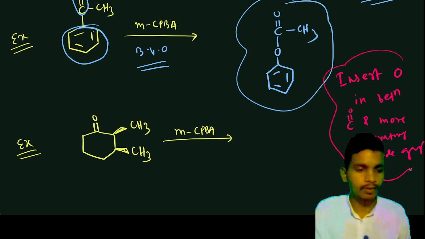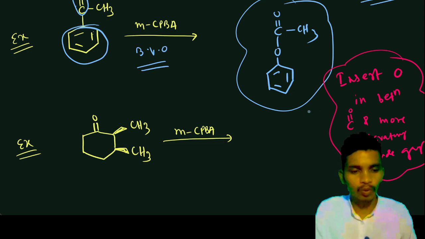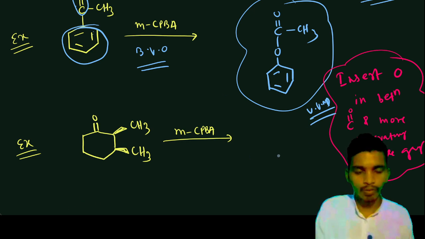This is very important for the Baeyer-Villiger oxidation. We do this simply if meta-CPBA is there. We check which is the more migratory group, and between the CO and the more migratory group, just insert the O.